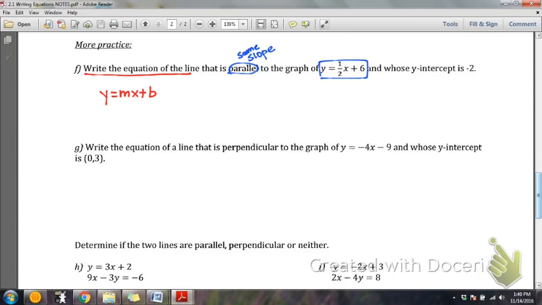Crystal, what is the slope of letter F? That equation there. 1/2. Not the x, just 1/2. So I'm going to be using a slope of 1/2. I don't need this anymore. Please cross it out because you're going to confuse yourself if you don't. The only reason you need that equation is just to get the slope out of it. Once you get the slope, you're done.